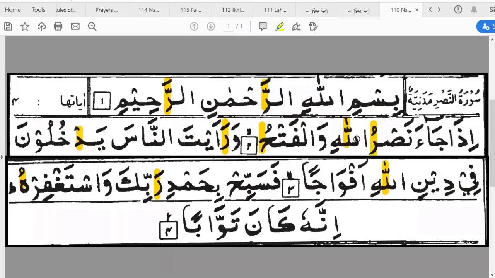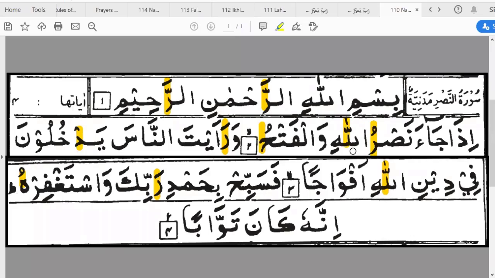So we're going to drop the two empty letters in between. We've done this rule before in G1 classes. So we're going to join letter Ra with a dhamma to lam mushaddad. Instead of reading Nasru and Allahi, we're going to join the two words: Nasrullahi.